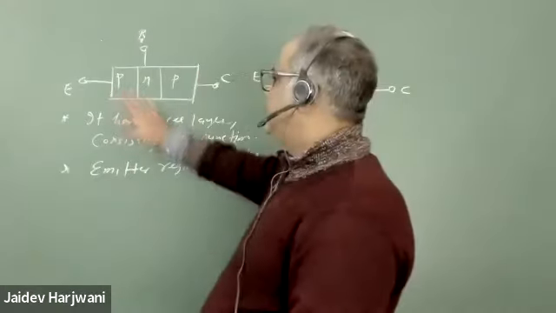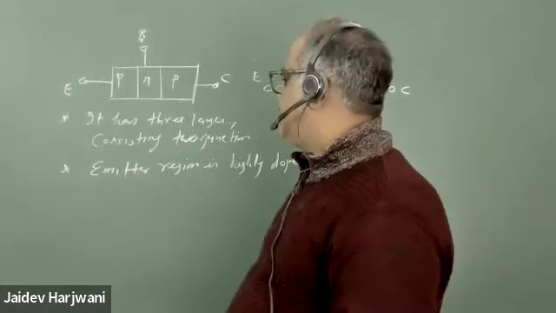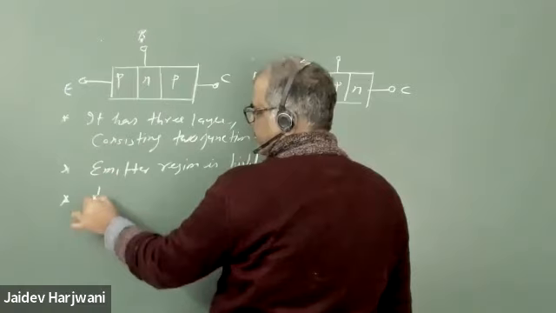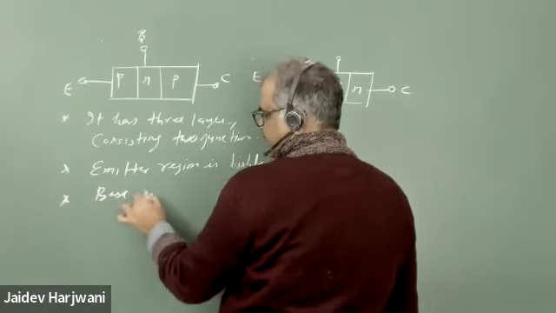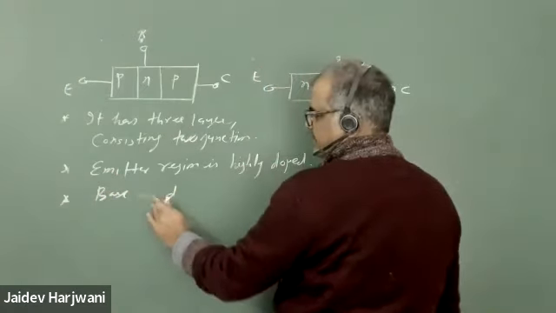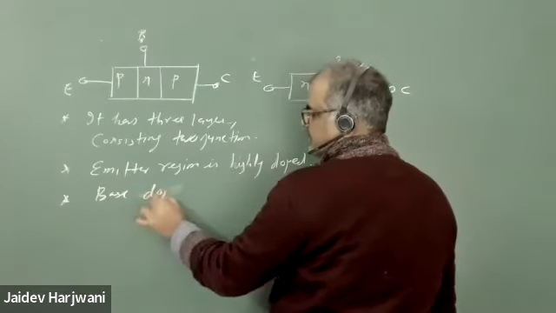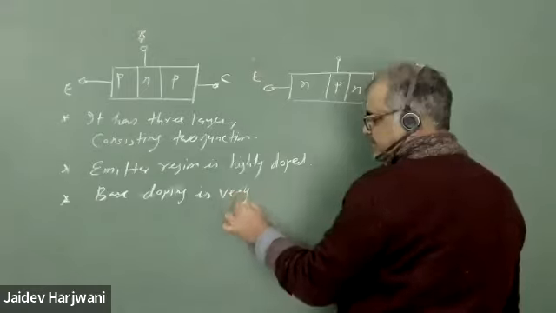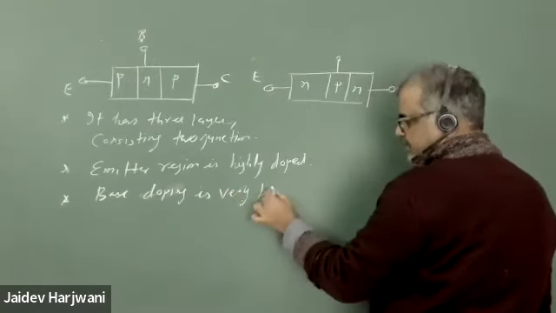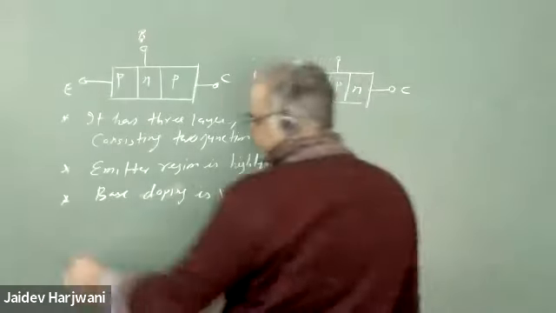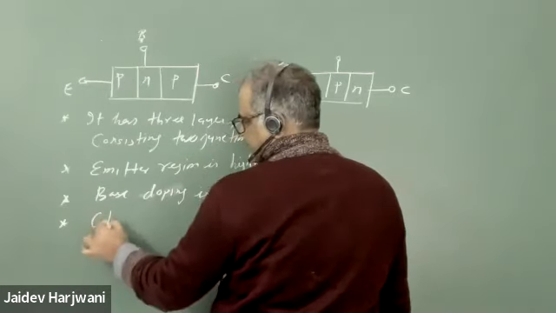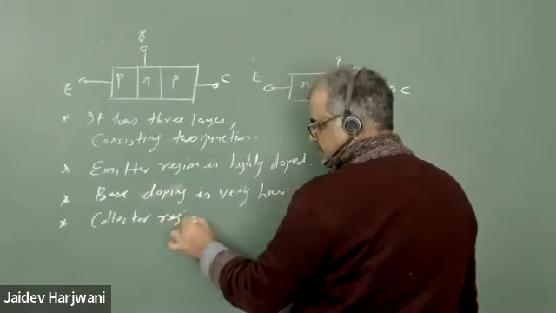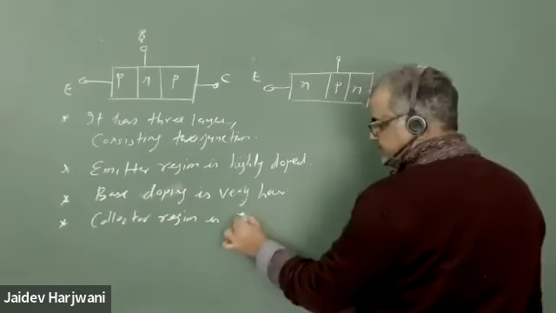It has the highest doping, while the base doping is very low, the lowest. I will explain the reason now. The collector region is moderately doped.